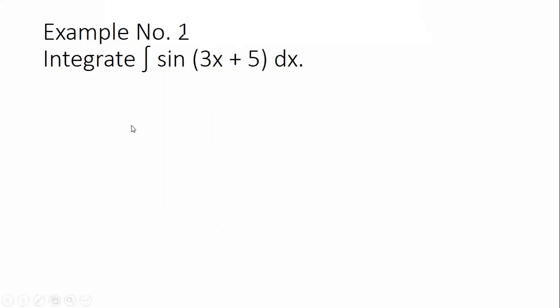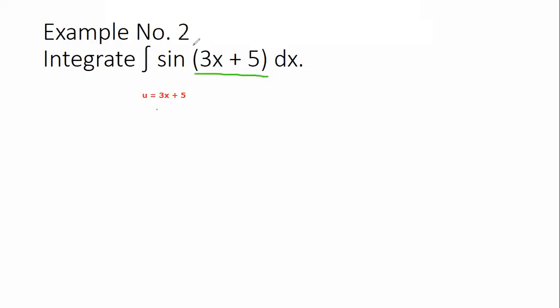We're going to integrate sine of 3x plus 5 dx. Like we did in our first example, we do the substitution. We have u equal to 3x plus 5, the angle.